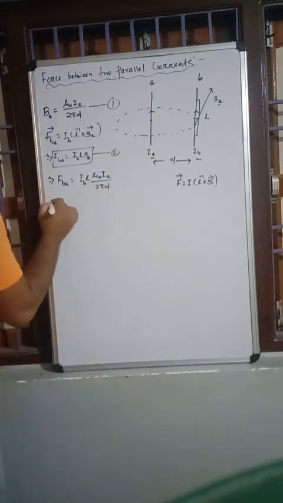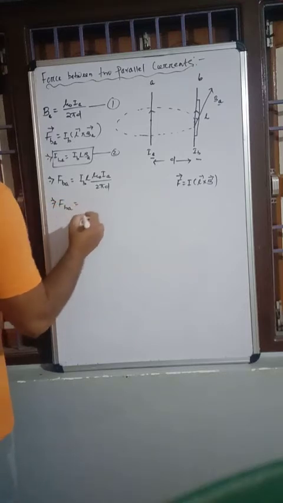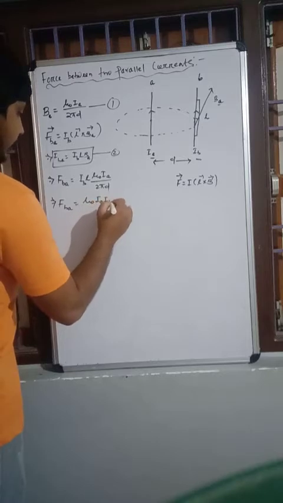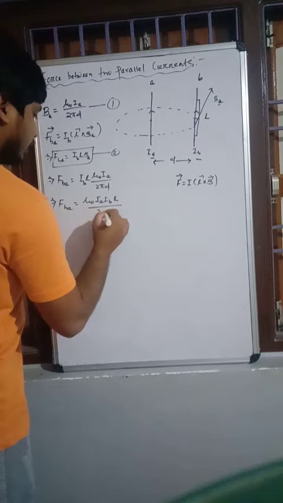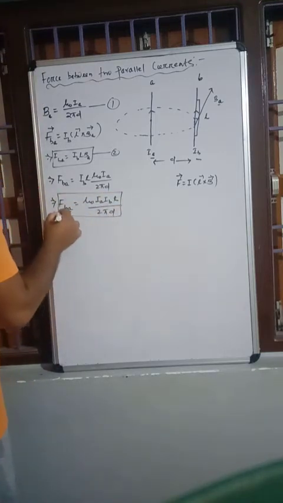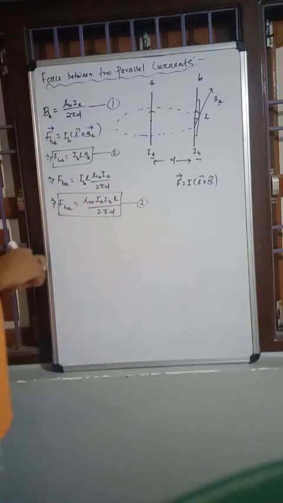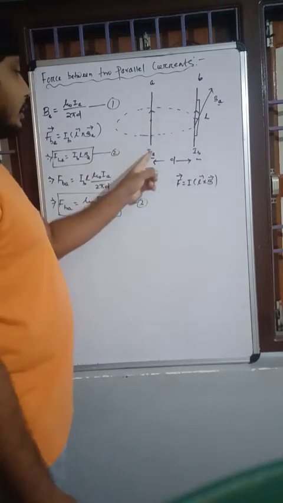Or if you rearrange it, you will get FBA is equal to mu naught IA IB L divided by 2 pi d. So this will be the expression for the force acting on this conductor due to the current element IA.